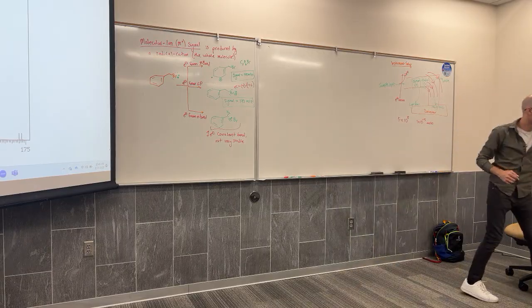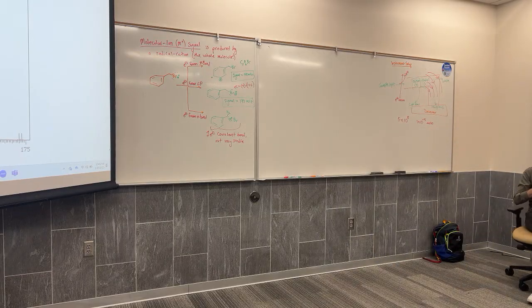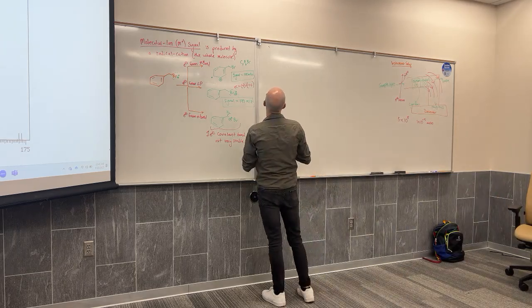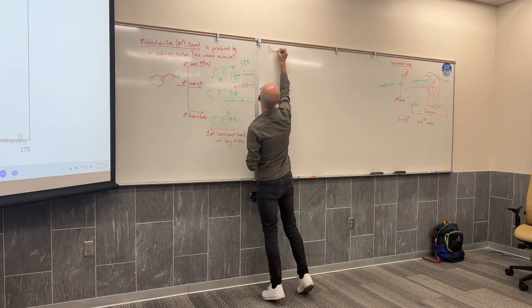Why doesn't it just completely separate? Like, why doesn't it just break the bond completely and have one take on the radical and one the cation? Good question, Maddie. And this is what leads us to daughter ions.